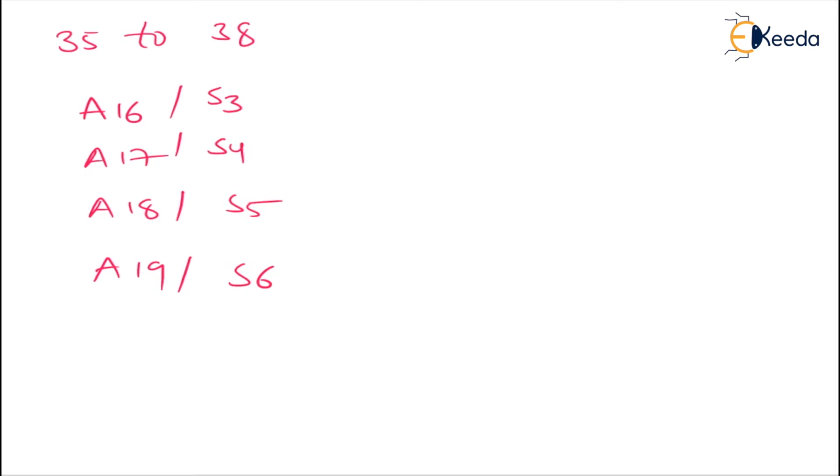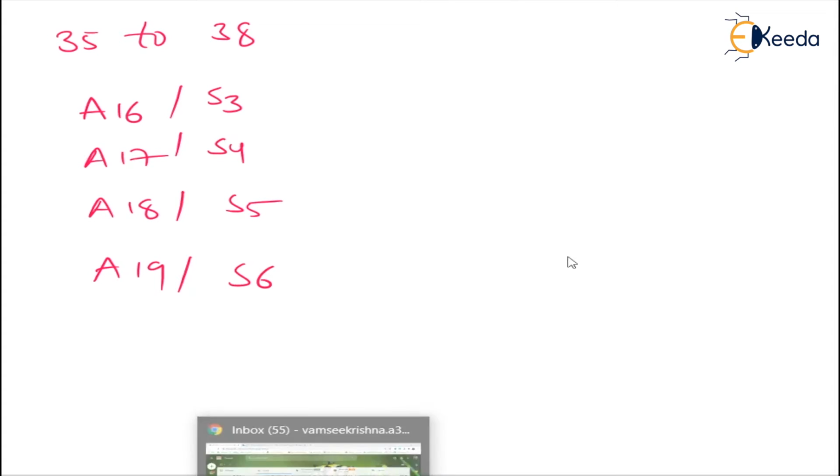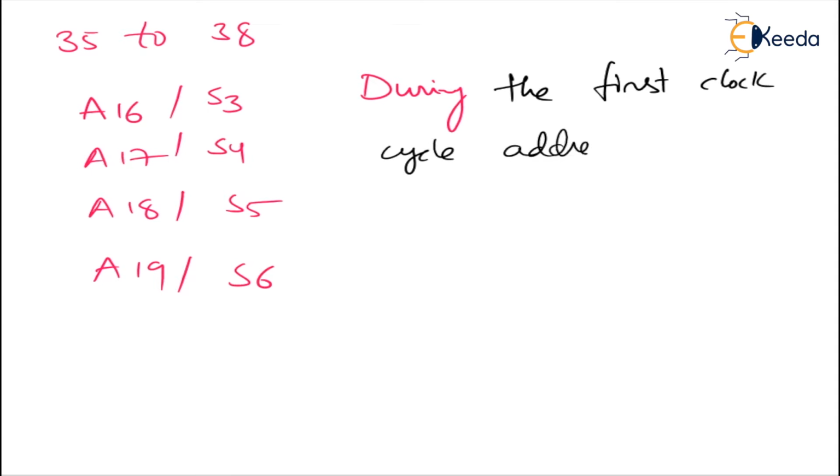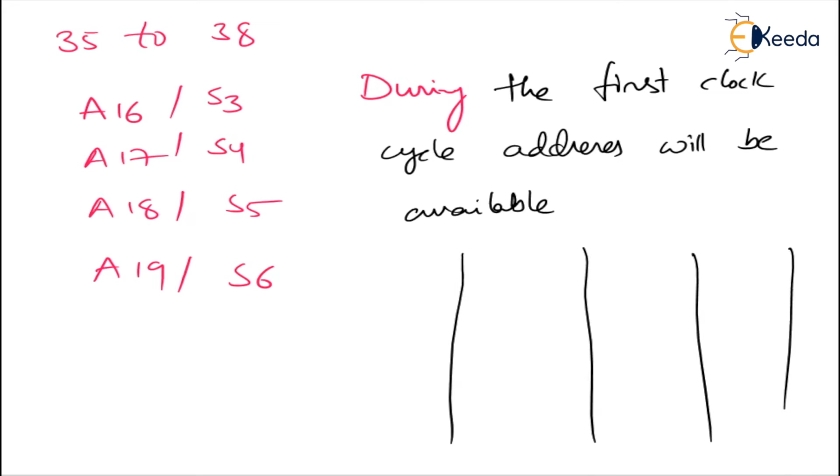During the first clock cycle, the address will be activated. Let us consider different clock cycles: T1, T2 and T3.